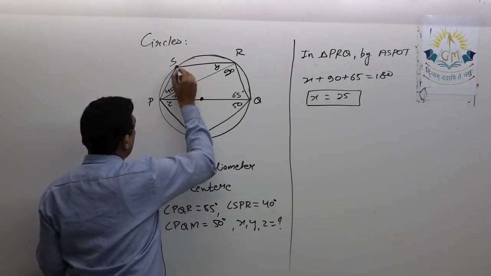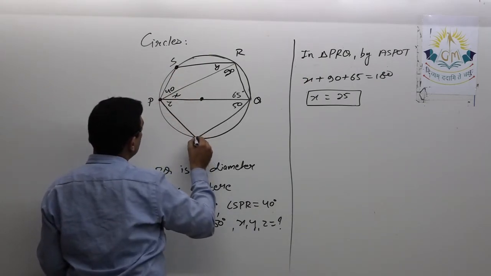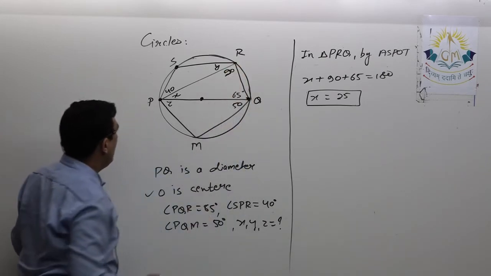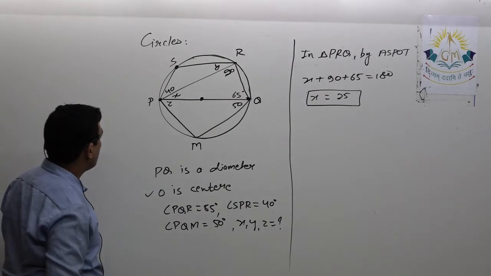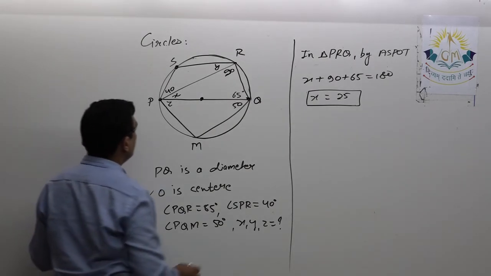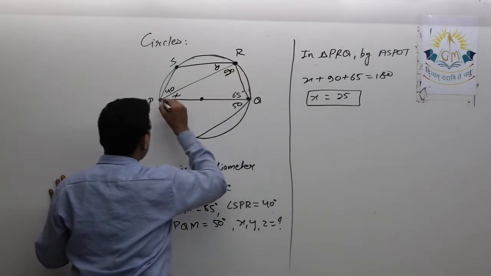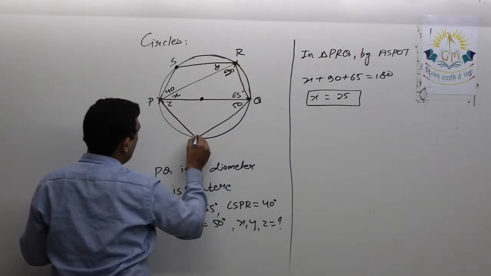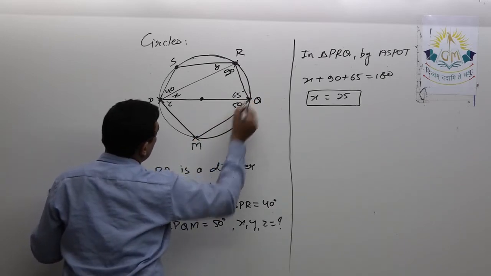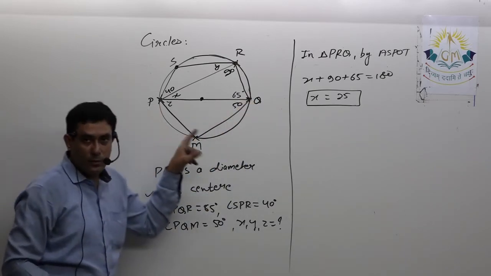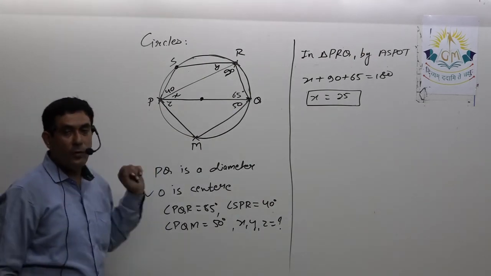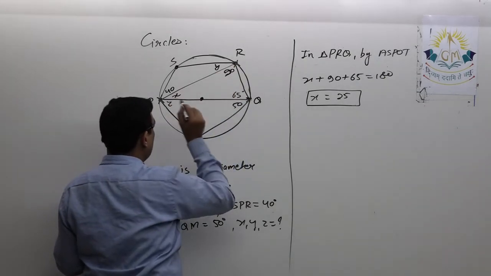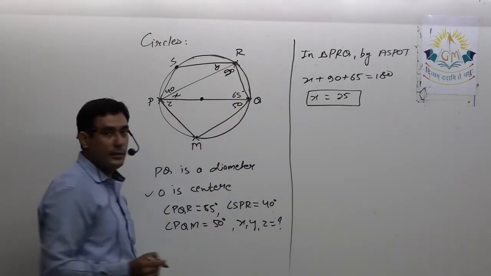Now see these points R, P, M and Q. All these points are on the circle. That means they form a cyclic quadrilateral, and we know in a cyclic quadrilateral the sum of opposite angles is 180 degrees.